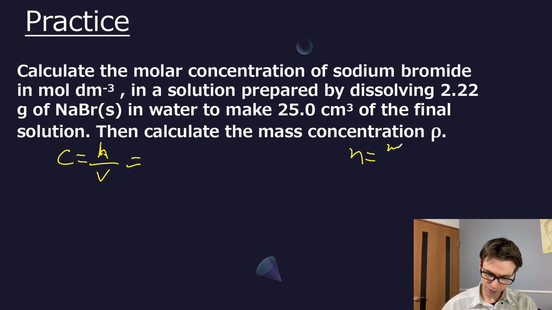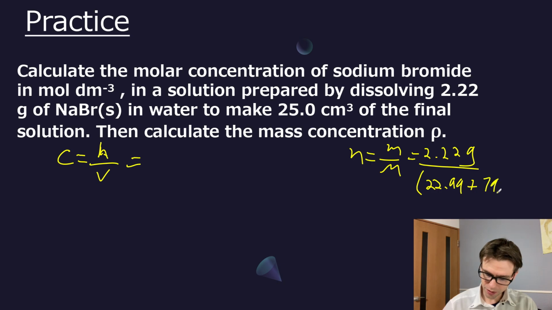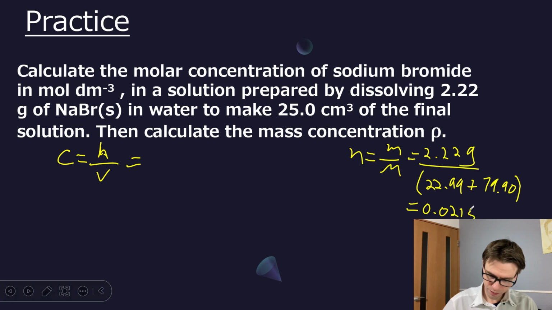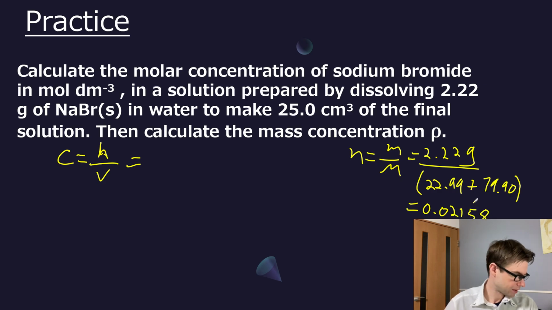So moles equals mass over molar mass, 2.22 gram, divided by 22.99 for sodium, and 79.90 for bromine, and we should get 0.02158 mole.